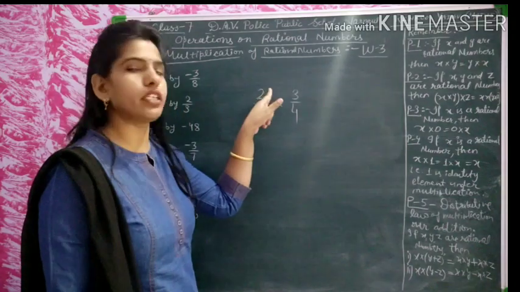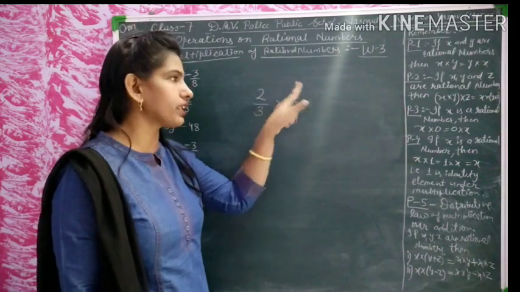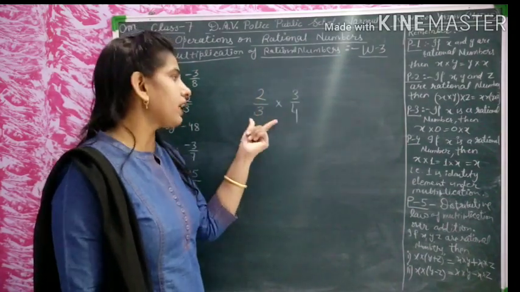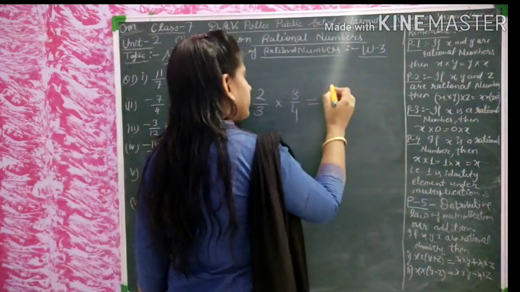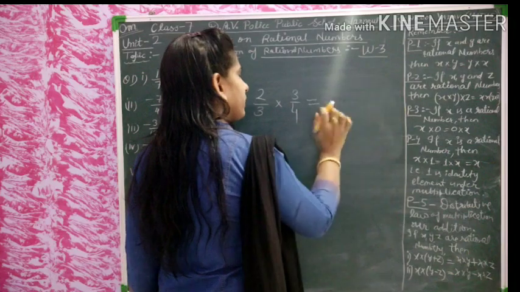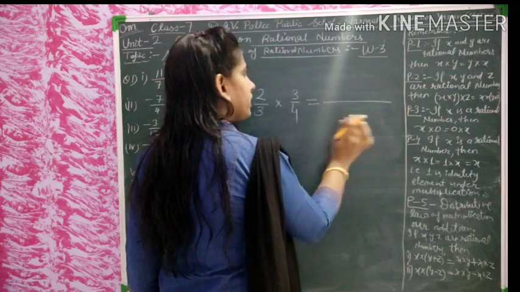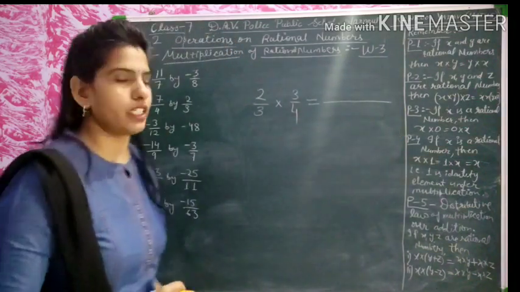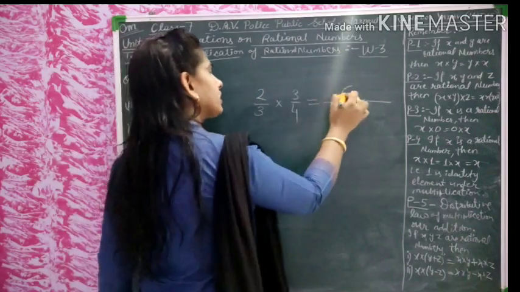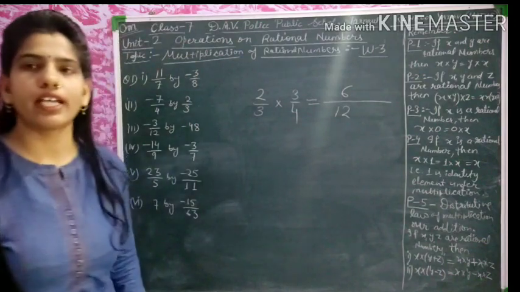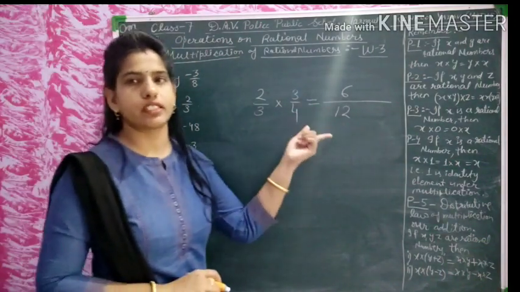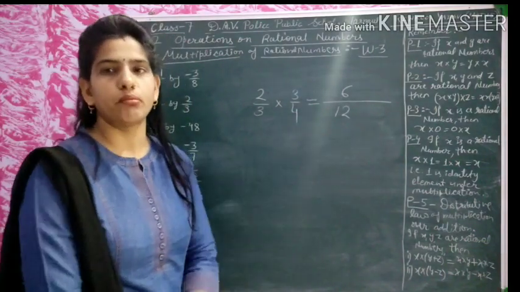So we multiply the numerators with the numerators and the denominators with the denominators. Multiplying numerators gives the numerator and multiplying denominators gives the denominator. Multiplying 2 3s are 6 and 3 4s are 12. This is the number we get as the multiplication of rational numbers.